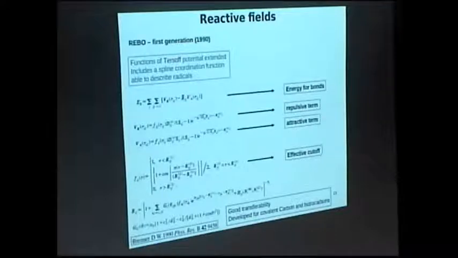The effective cutoff is essentially the same used by Tersoff, but the bond order is calculated in a complicated way. And this potential also is amazing. It works very well for carbon. For many situations, it produces vibration in some cases.